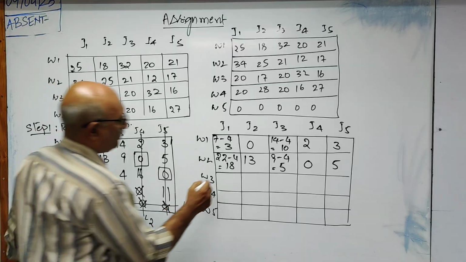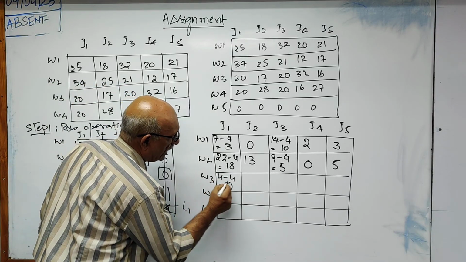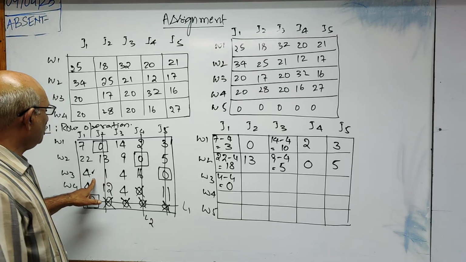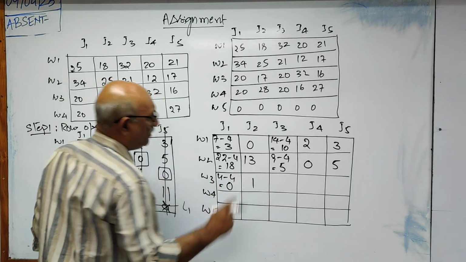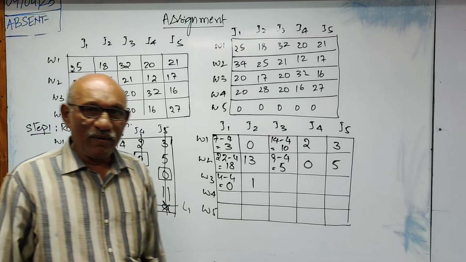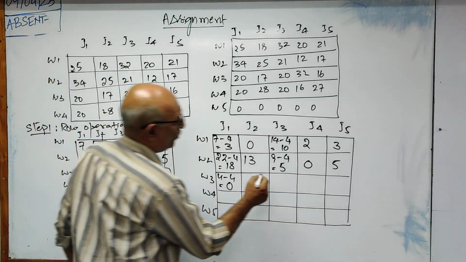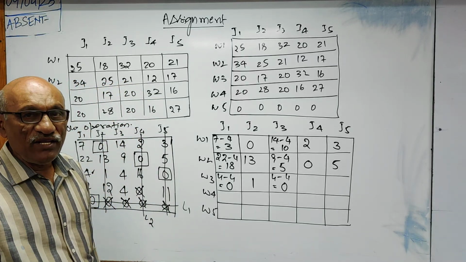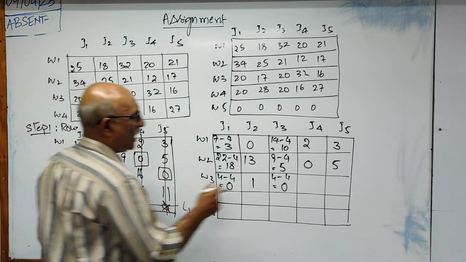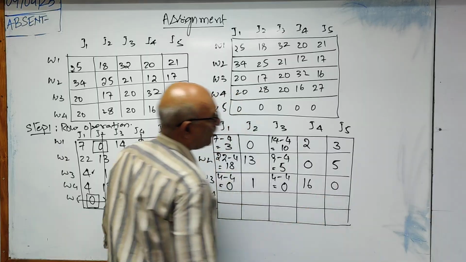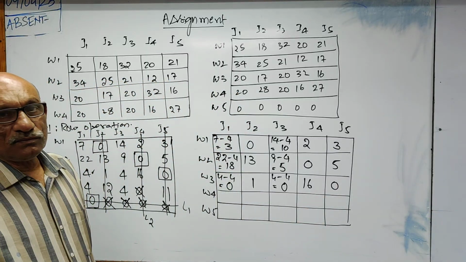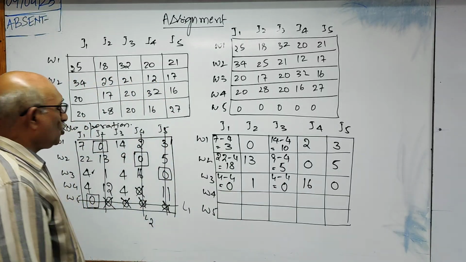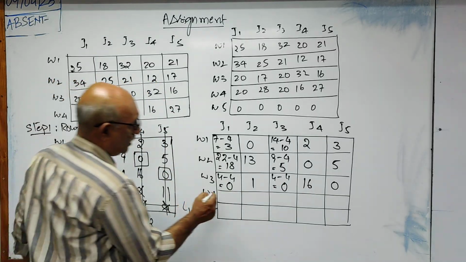Go to the third row. 4 is free from the lines. Therefore, the least value is subtracted from 4. From 1, a line is passing. So it will remain the same. Again 4 is free from the lines. So from this 4, the least value is subtracted. From 16 and 0, a line is passing. Therefore, those two elements will remain the same.